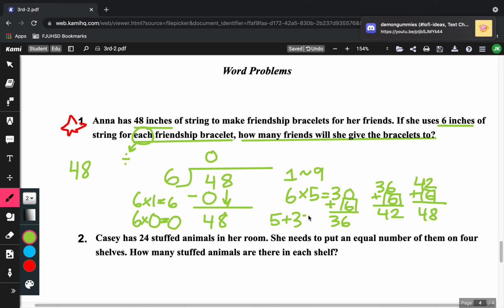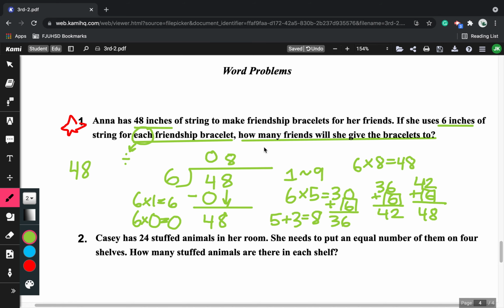So 3 multiples of 6 plus 6 times 5, 5 plus 3 is 8. So therefore, 6 times 8 is going to equal 48. That's what I do when I don't know where to start.